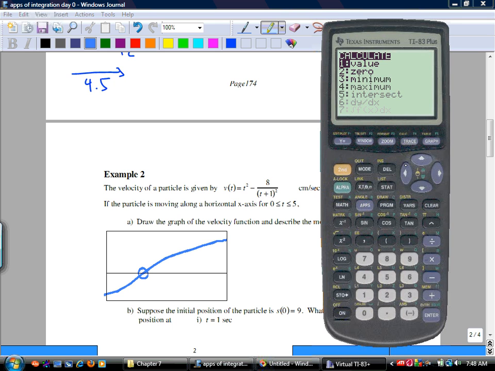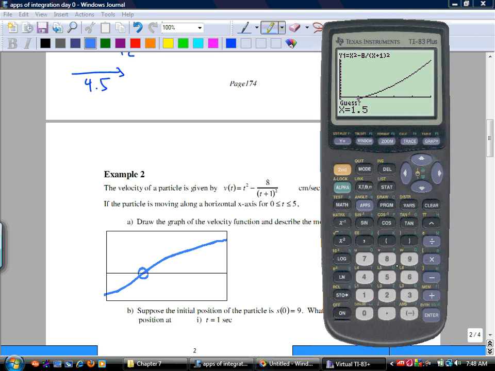Second trace, 0, 1, enter, 2, enter, 1.5. You guys knew you could do that without arrows, hey?